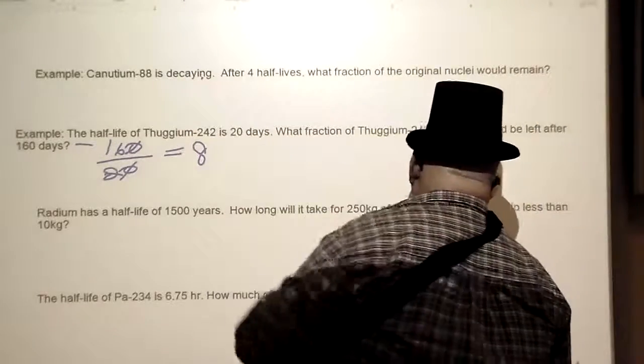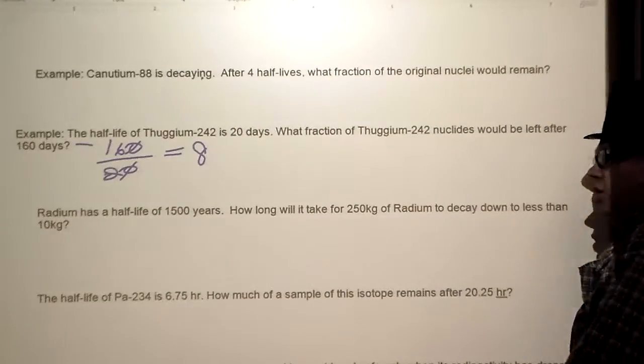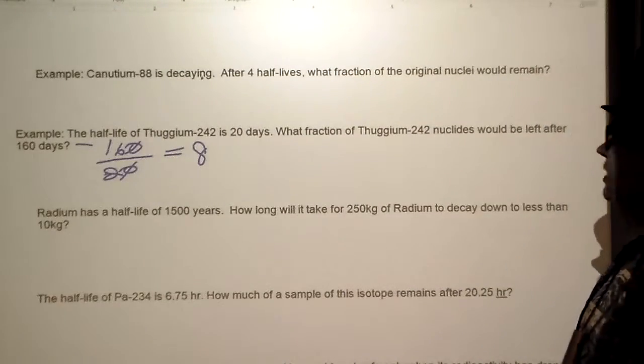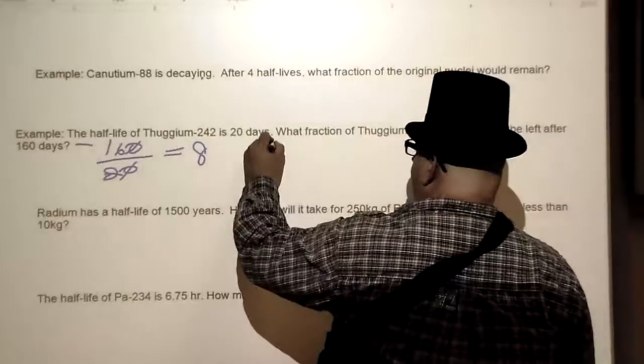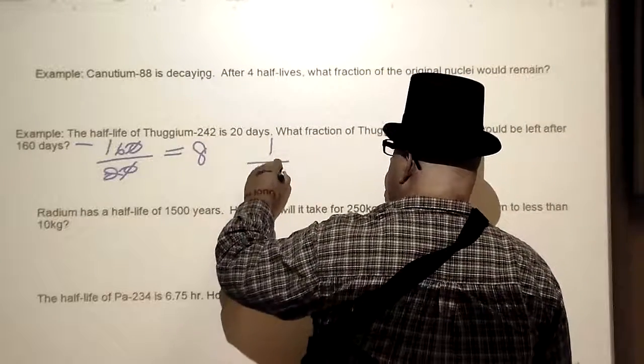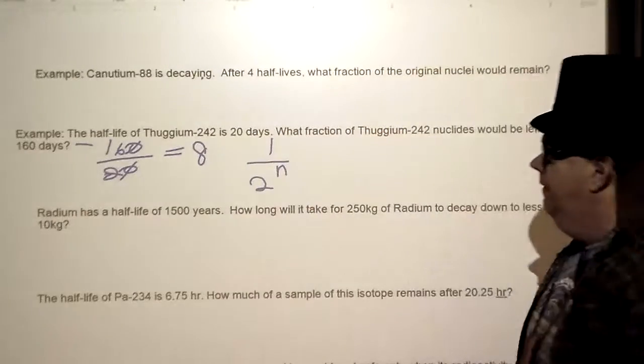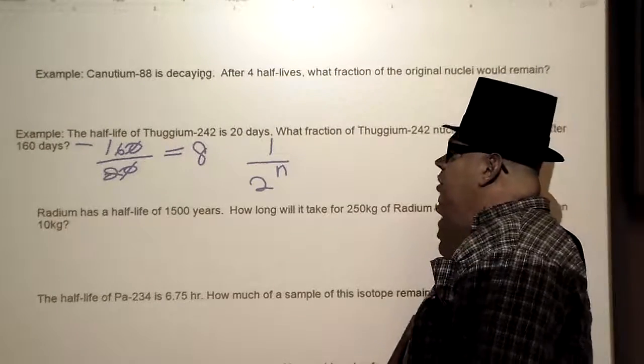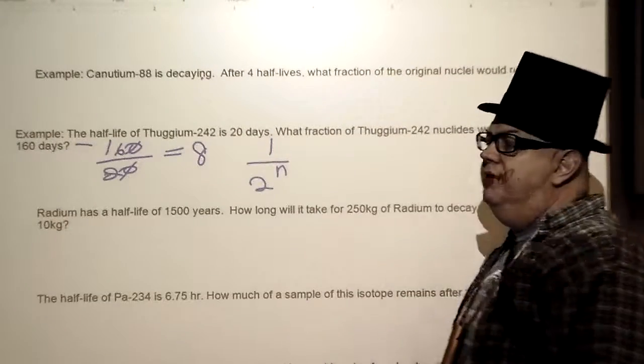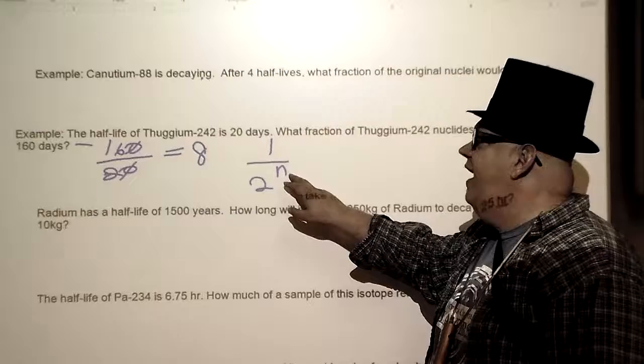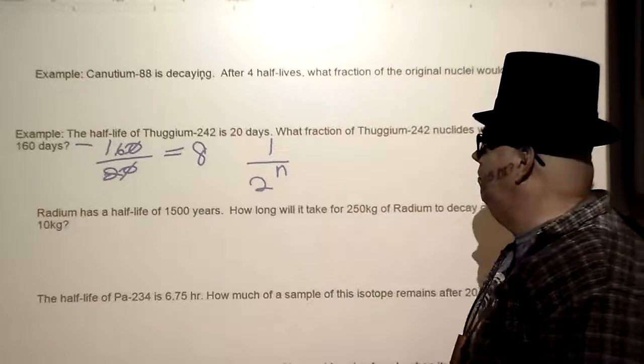So what fraction would we have? Well, there is a quick and easy way to do this. Because you can go 1 over 2 to the n. This formula is very good where n is in fact the number of half-lives that have happened.